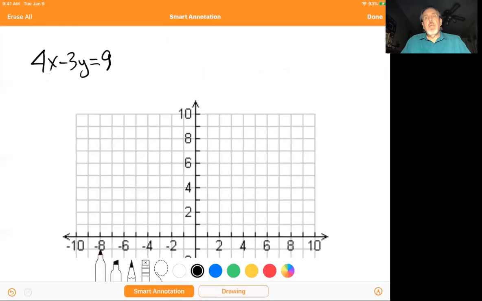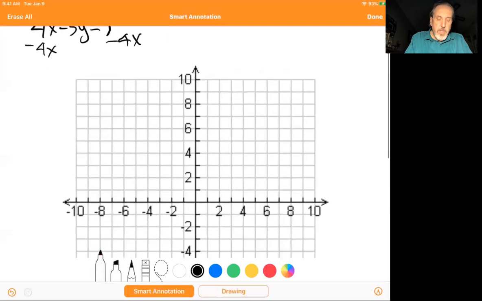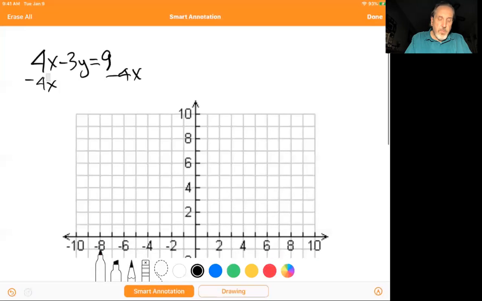Okay. Now we need to get this into slope-intercept form first. So we need to solve it for the letter y. So I'm going to do that quickly. I'll walk through the steps, but you should be able to follow this. So I'm going to subtract 4x from both sides. When I do that, this will cancel. I'll be left with -3y equals, put your x term first, -4x plus 9.